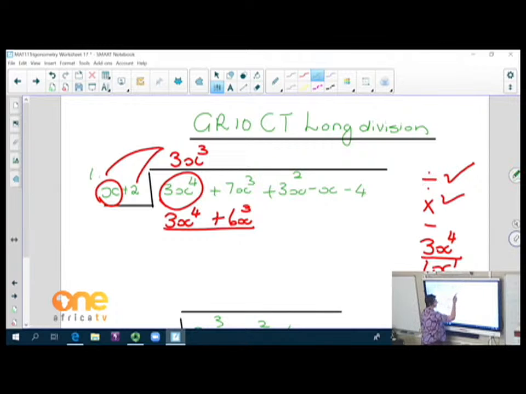With a subtraction, you need to change the second sign and add, which makes this one 0. So plus 7, do it on your calculators. Plus 7 minus 6 is 1x to the power of 3, and I bring down this 3x squared.